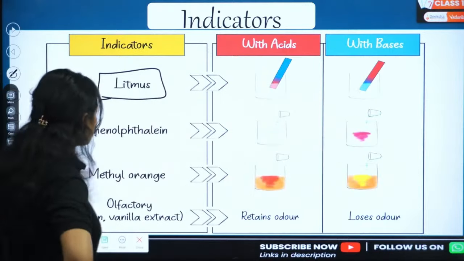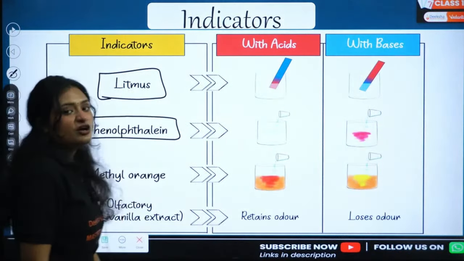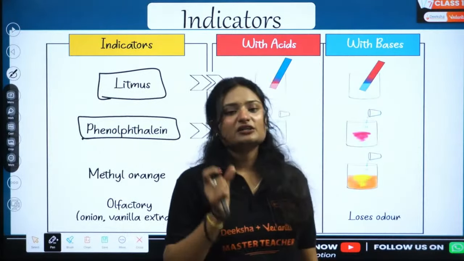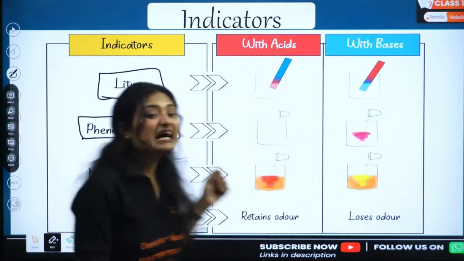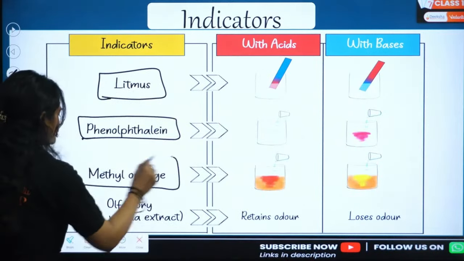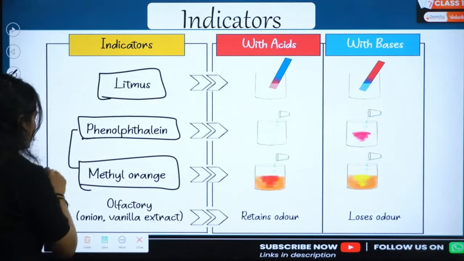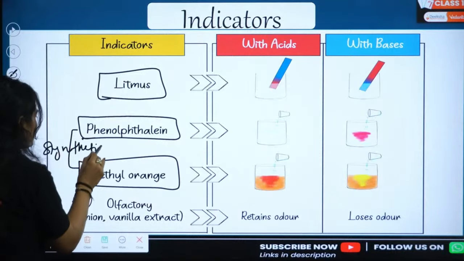Next is phenolphthalein. In acidic solution it is colorless, but in basic medium it turns pink. Methyl orange is also a synthetic indicator. These two are synthetic indicators. Synthetic means they are synthesized in a laboratory.